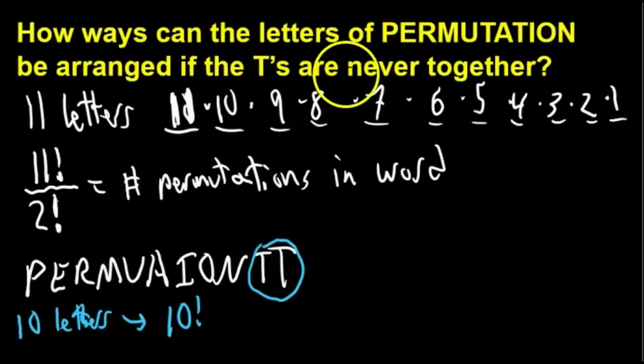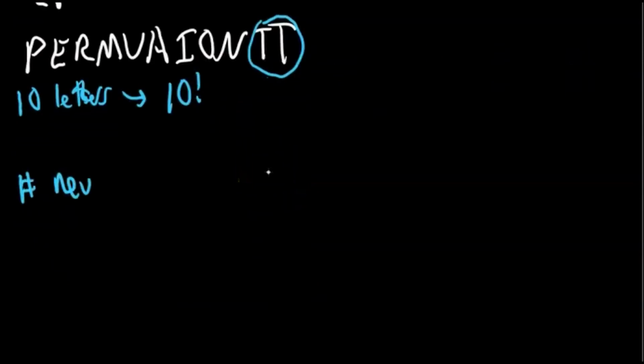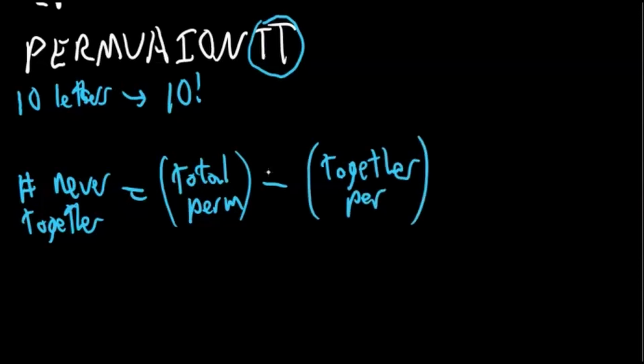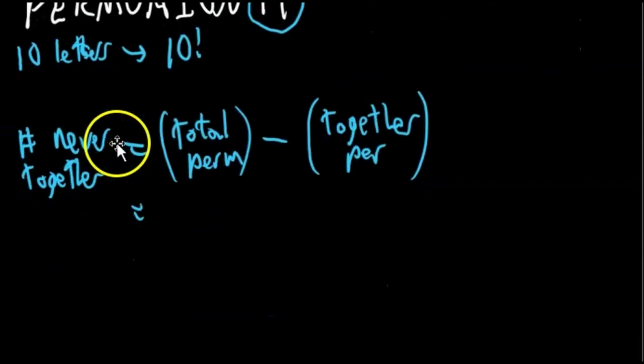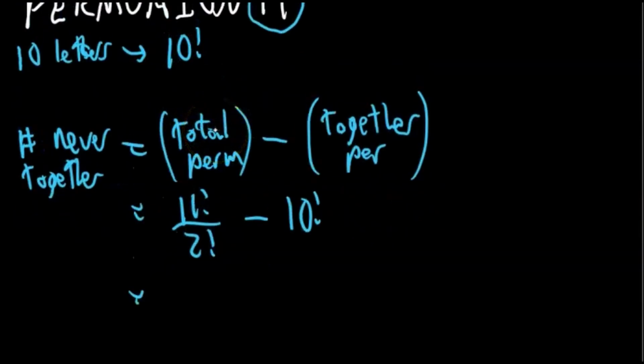Well, if we want to know how many are never together, then we say the number that are never together equals the total number of permutations minus the total number of permutations in which they are together. Okay, so the total permutations is 11 factorial over 2 factorial, and the number that are together is 10 factorial, and that's your answer.